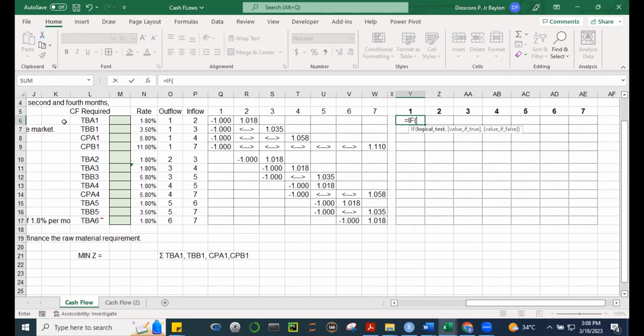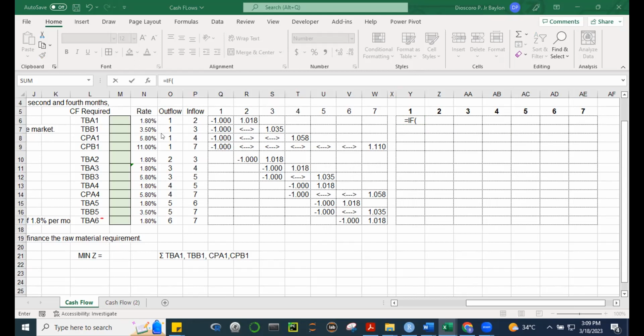This line is all about TBA1, right? We'd like to test if TBA1 at this point, at month 1, is it an inflow or an outflow? So how do we first check if it's an inflow? Okay, I'm recording.